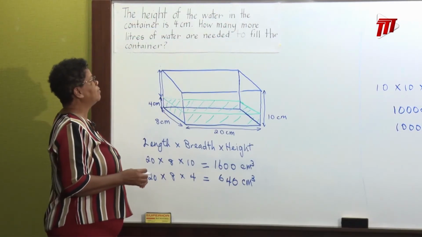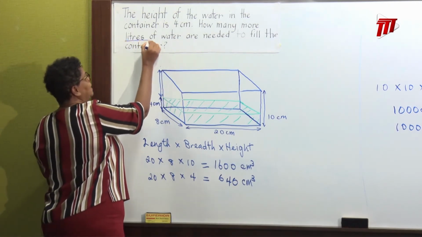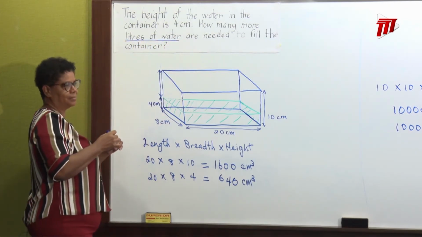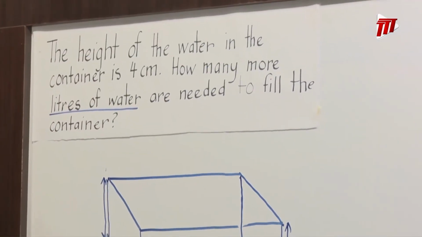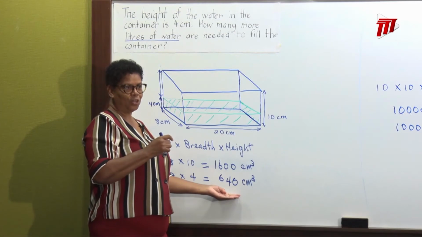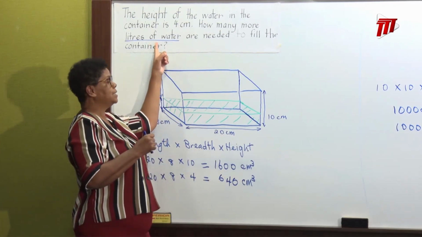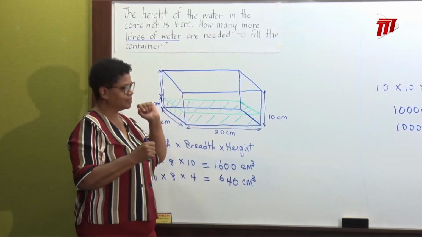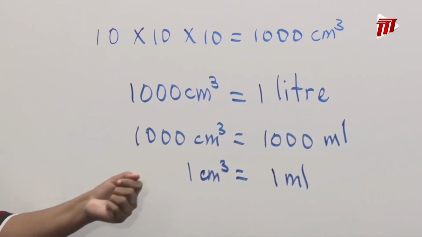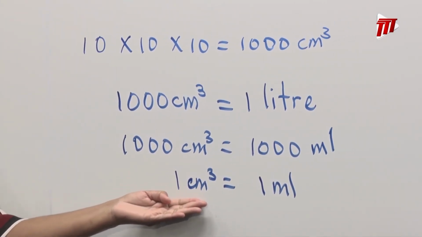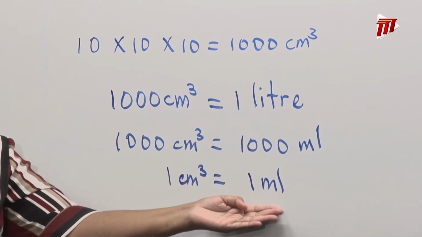The question, however, asks us how many more liters of water. Liters of water. Here we have volume, which is cubic centimeters, and they want liters, they want capacity. If we look across here, remember that 1 cubic centimeter is equal to 1 milliliter.